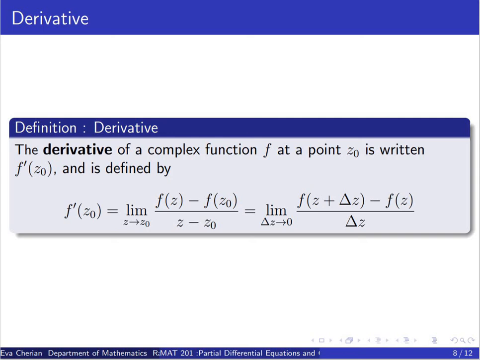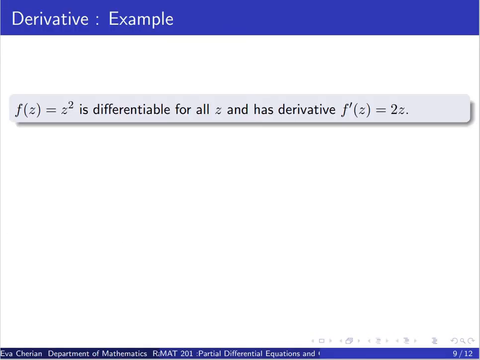If we let z minus z0 be delta z, this definition can be rewritten as limit delta z tends to 0, (f of z plus delta z minus f of z) divided by delta z.